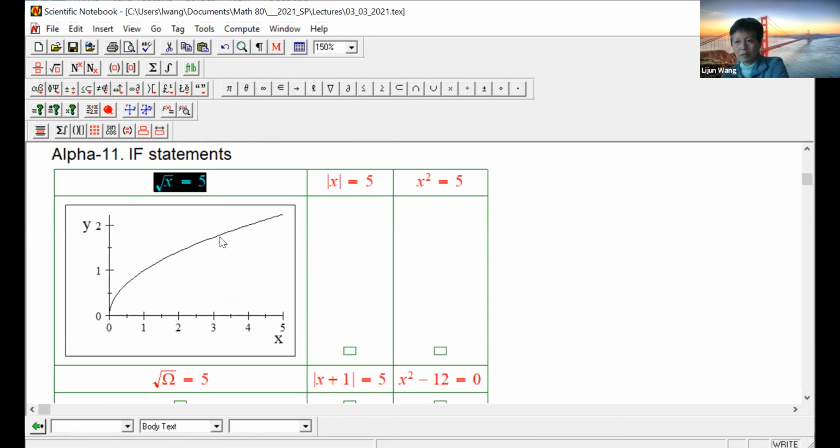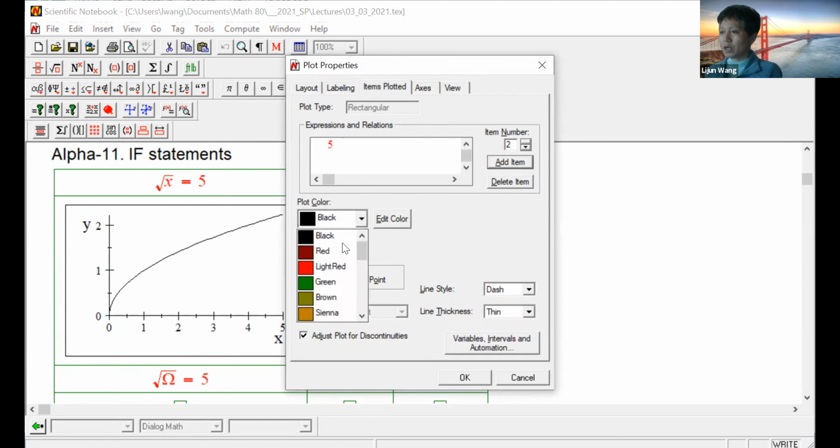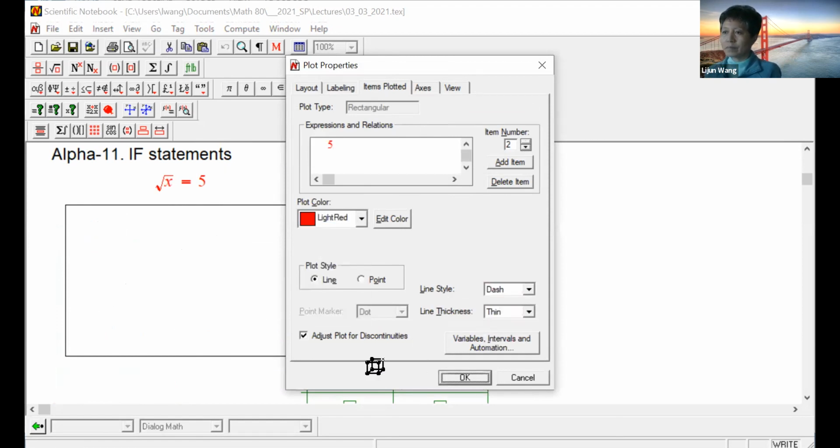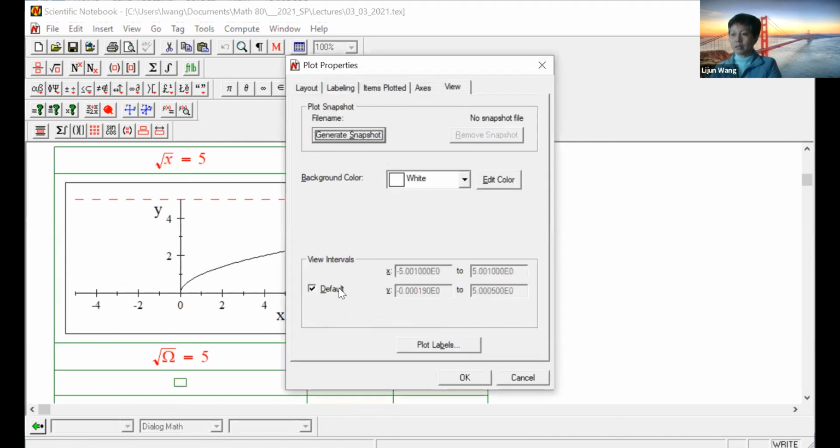And what does it mean? What does this if statement mean? If the square root of x equals 5, what does that mean? What is the crossing? We know the output, we want to find the input. Okay, so let me just make some quick adjustment.